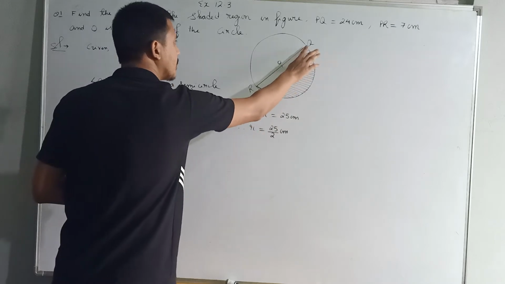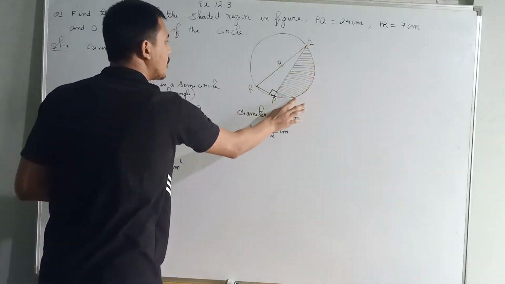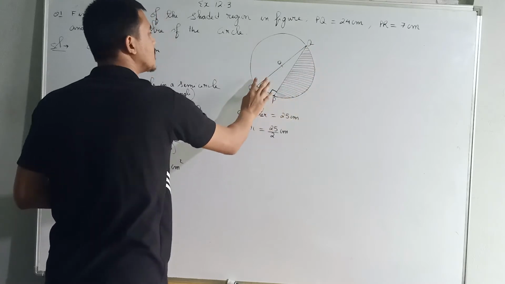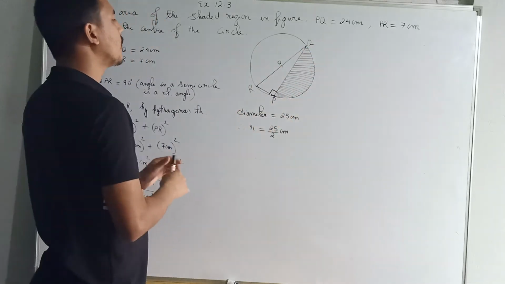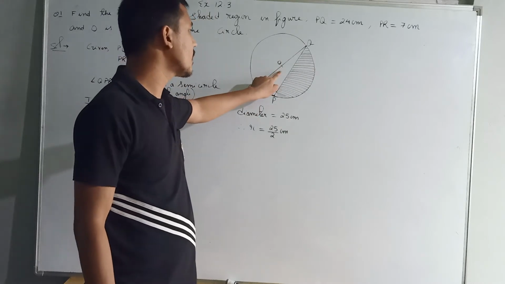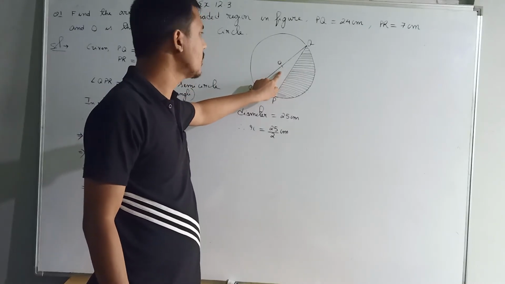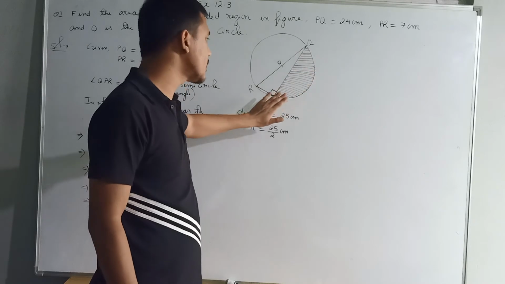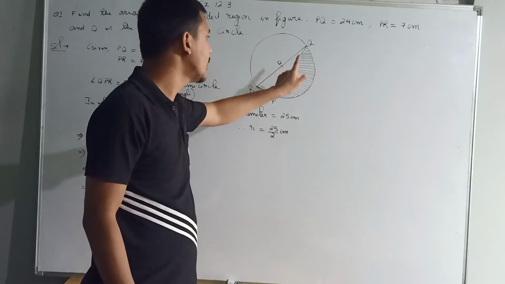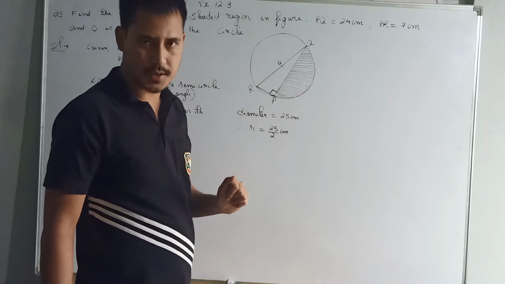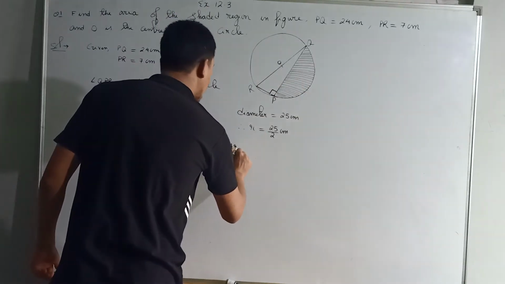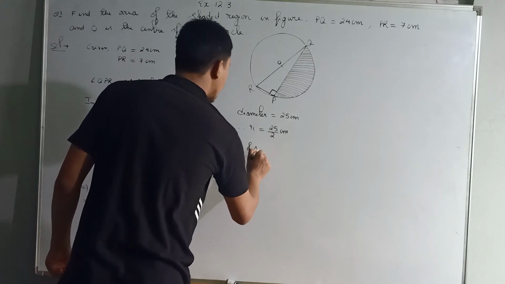This particular region, OQPR, is your semicircle. From this semicircle, if we subtract this triangle, okay, from the area of the semicircle, if we subtract the area of the triangle, then we get the area of the shaded region.